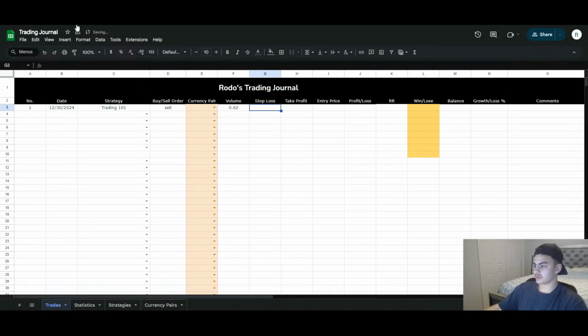My stop loss is 1.0408. Take profit is 1.0384.